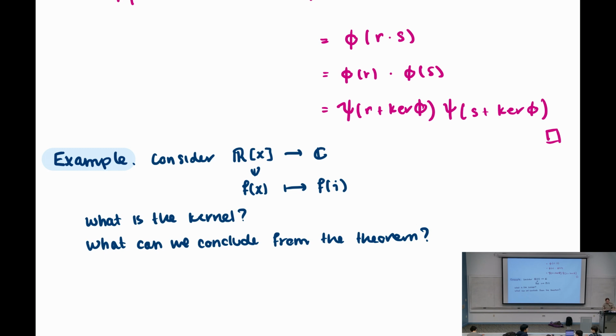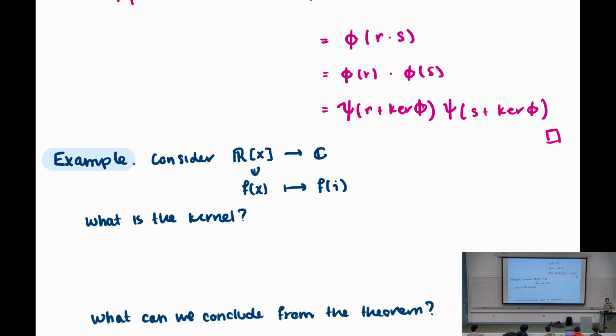Okay, let's discuss this example. So, what is the kernel? Yeah, so this is going to be polynomials with a factor of x squared plus 1. So in other words, it's the ideal generated by x squared plus 1.